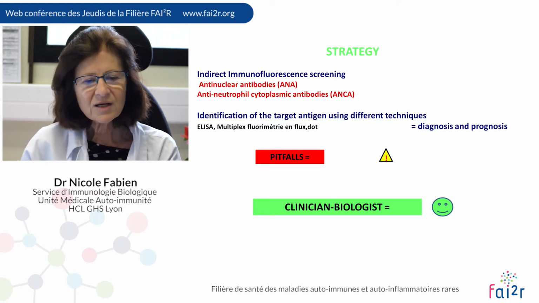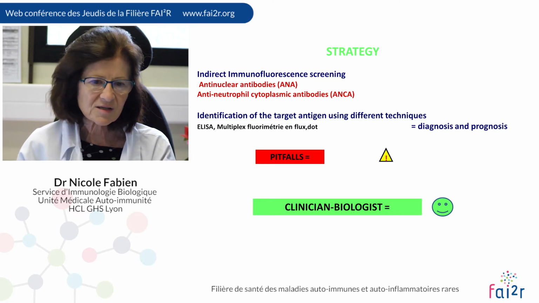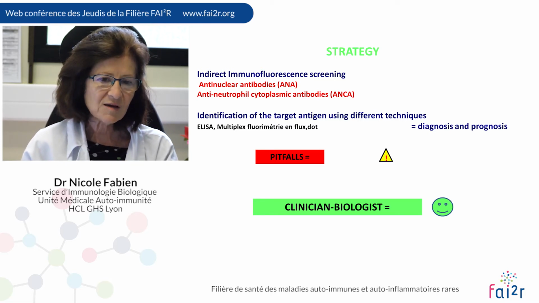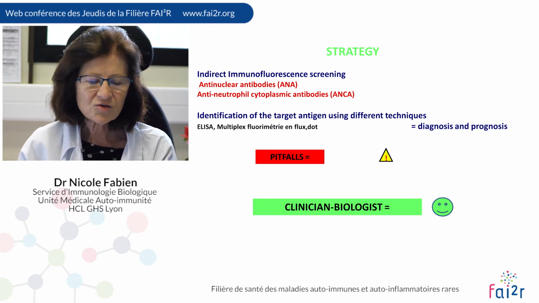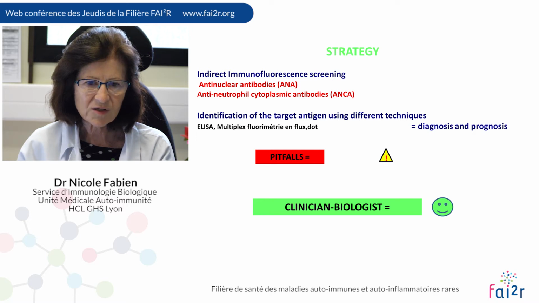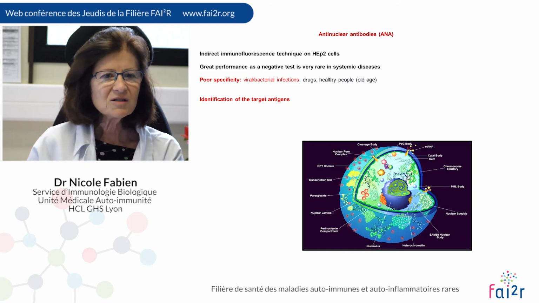So I will give you some pitfalls of the techniques, whatever the presence of autoantibodies and sometimes the absence of them. And I also want to reinforce the discussion between clinician and biologist to improve the interpretation of the autoantibodies. So first of all, anti-nuclear antibodies.